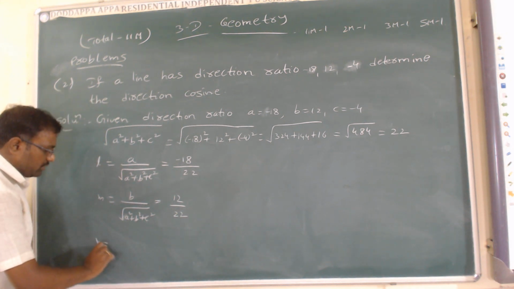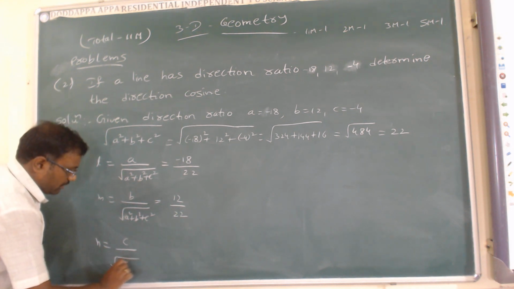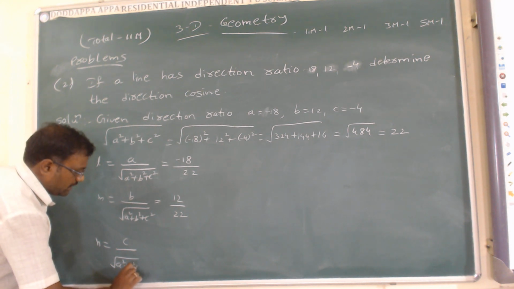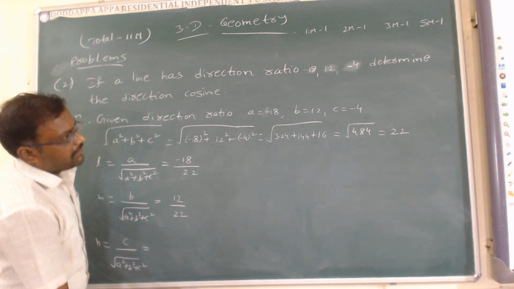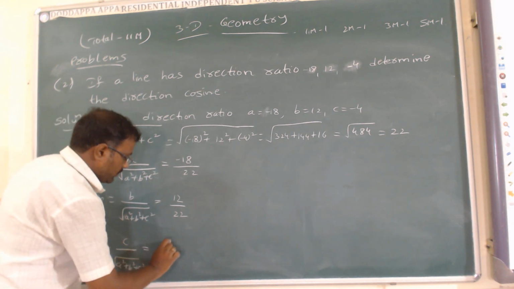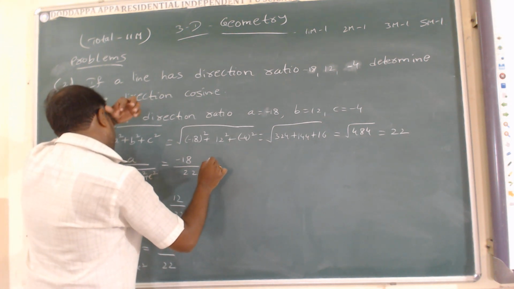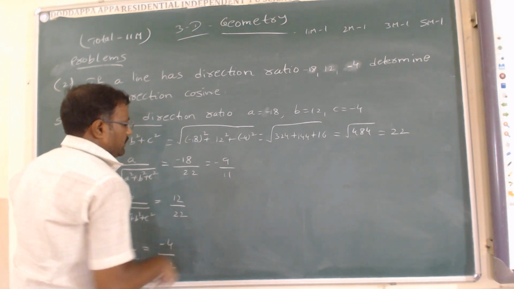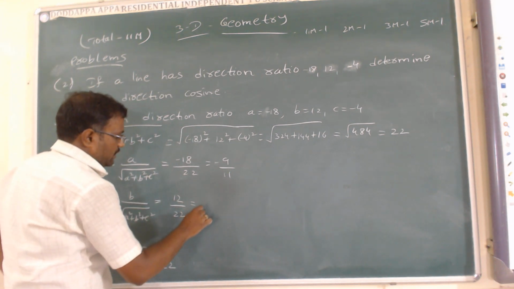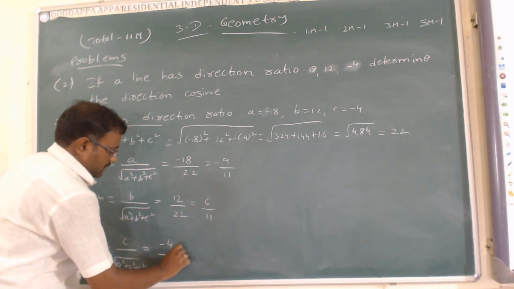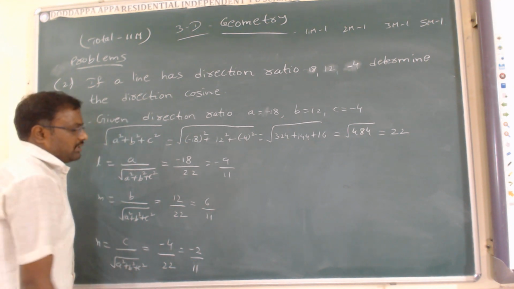N is equal to C divided by under root of A square plus B square plus C square. What is the C value here? Minus 4 divided by 22. So if you simplify this one, minus 9 divided by 11, this one is 6 divided by 11, minus 2 divided by 11.